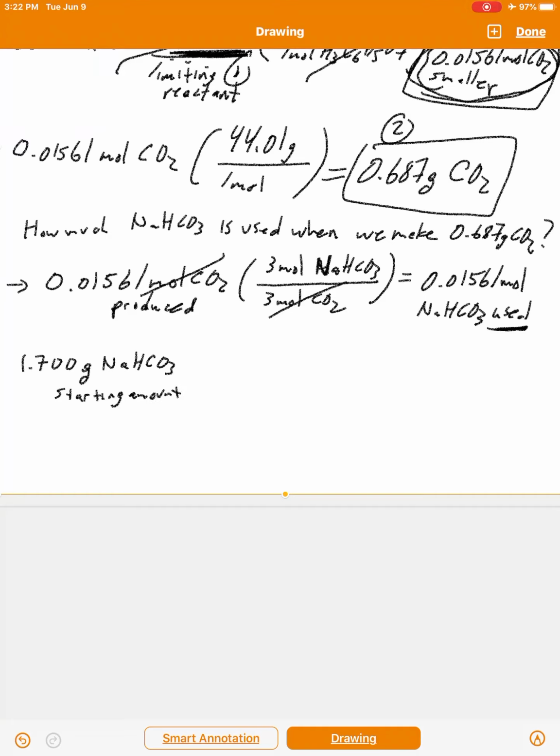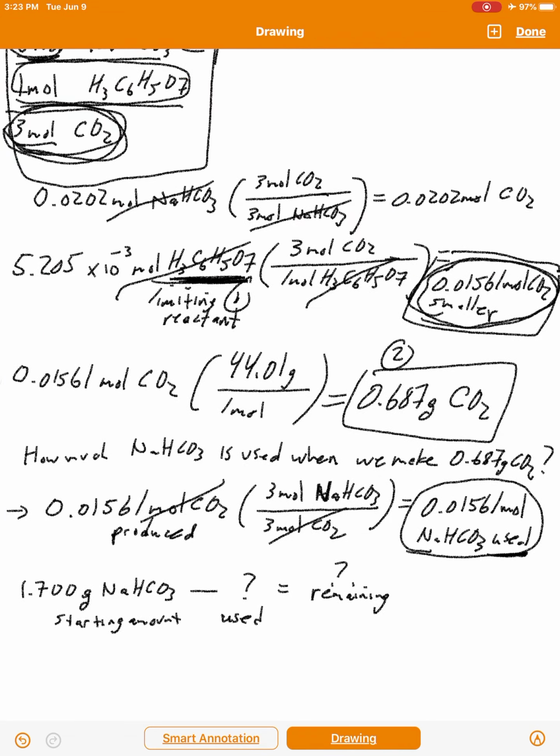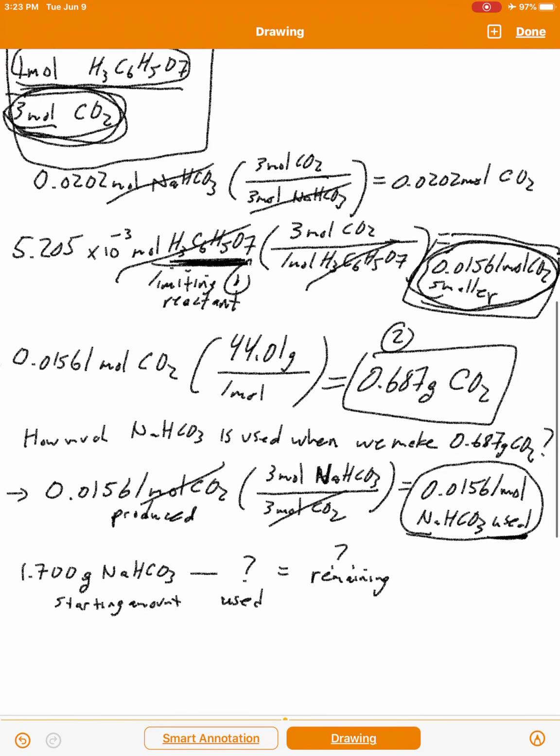All we have to do is subtract from that the amount used, and that'll give us the amount remaining. If I start off with 1.7 grams and I use 1 gram of it, the amount left is 0.7 grams, just the difference between the two. Well, we have the amount used, it's just not in the right units, it's in moles and not grams. So let's just convert it into grams.